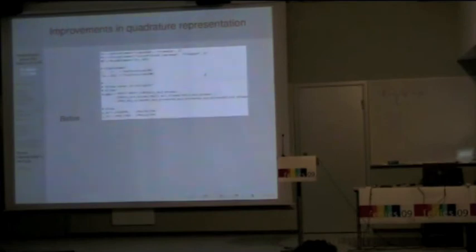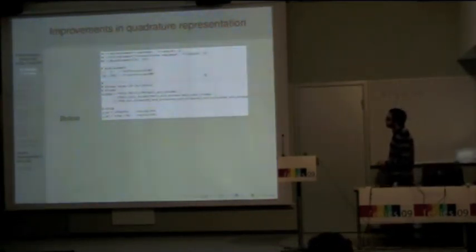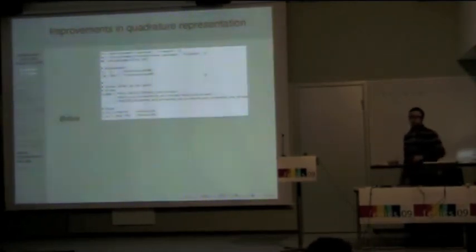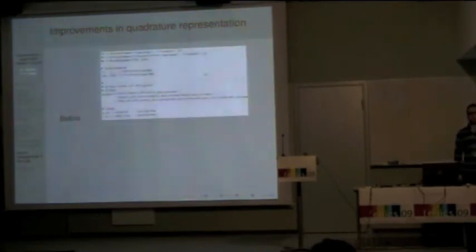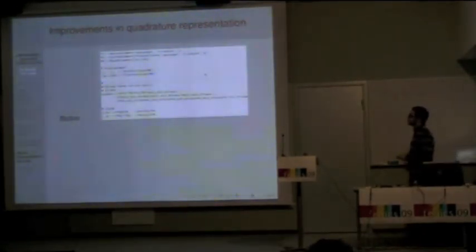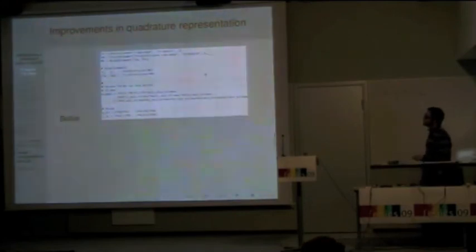Improvements in quadrature representation allowed us to remove this trick, because to evaluate the stress tensor, since it's a phase transition problem, we got a fifth order polynomial, and before the recent development we weren't able to compute it.